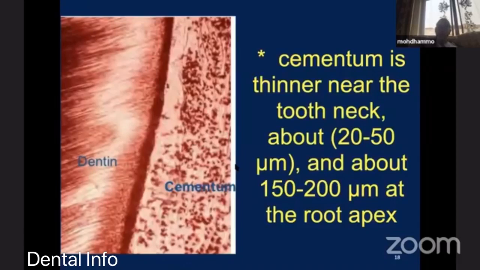So here is a closer look at cementum. Cementum is thinner near the tooth neck, about 20 to 50 micron, and about 150 to 200 micron at the root apex. So this is the cementum, this is the dentin.